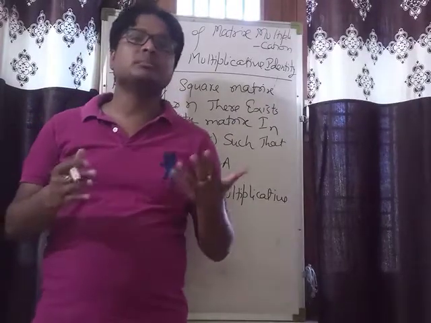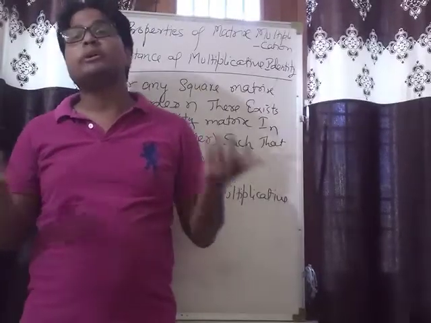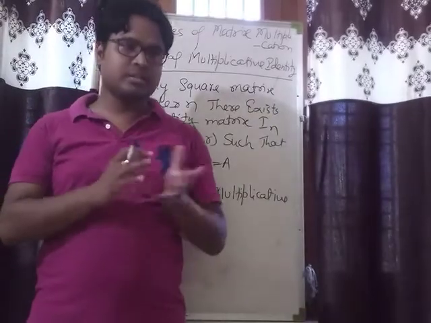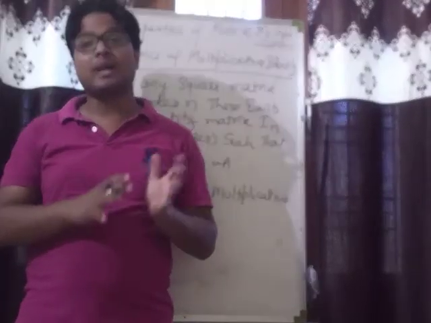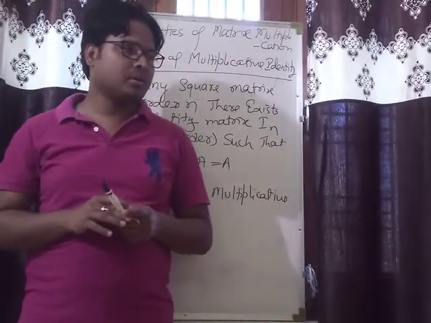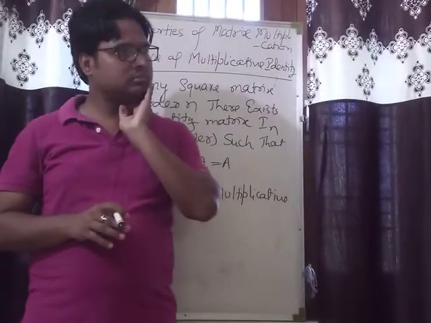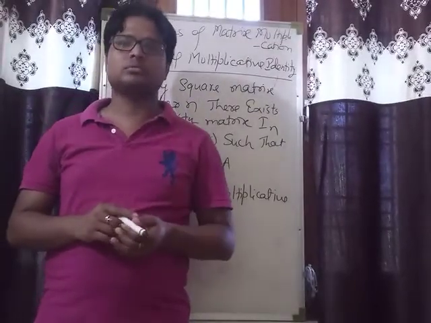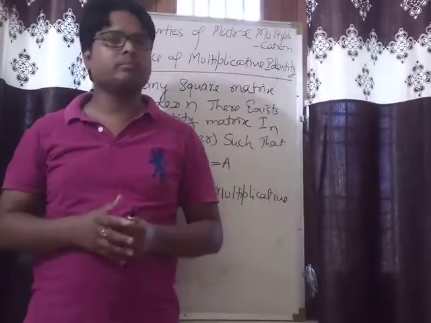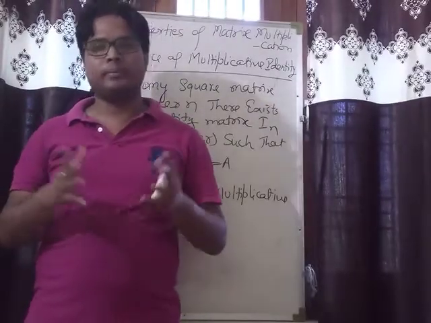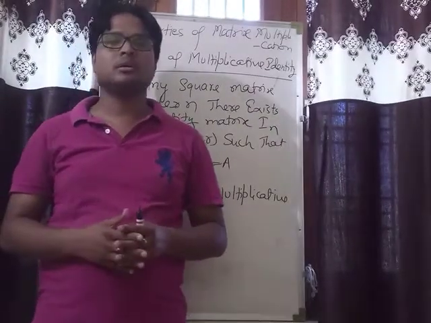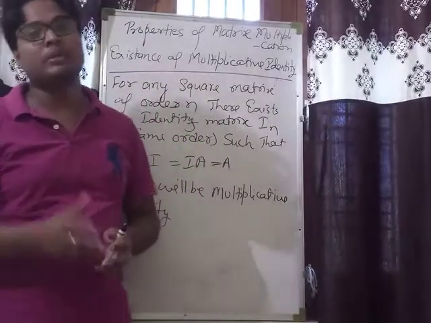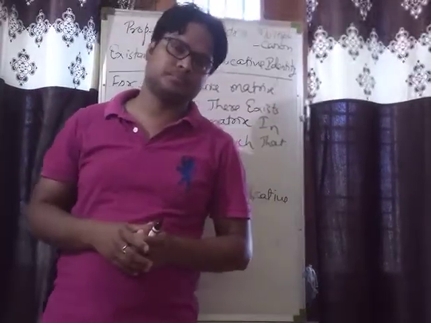But matrix multiplication is not commutative generally. That is commutative only for the diagonal matrices. I am going to explain a very important property of matrix multiplication, that is existence of multiplicative identity.